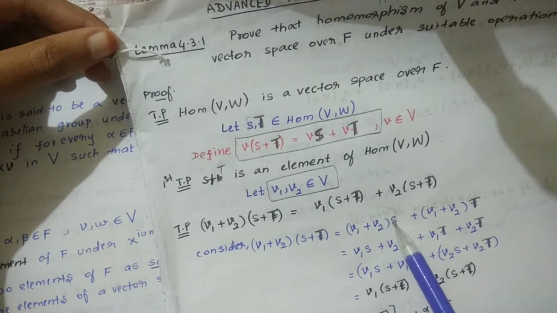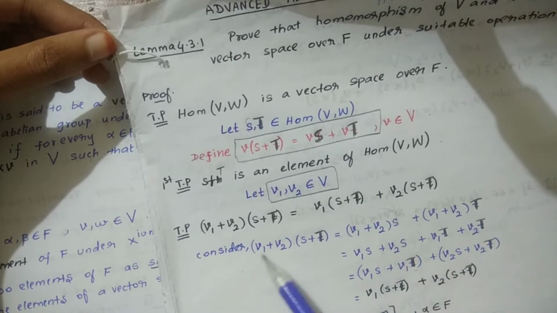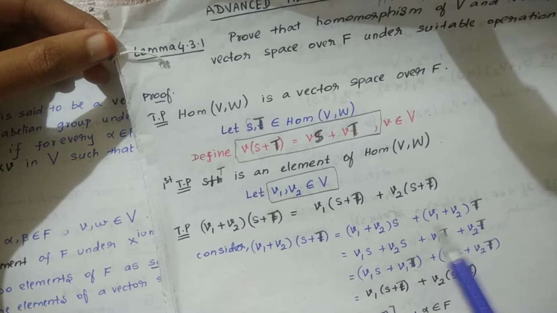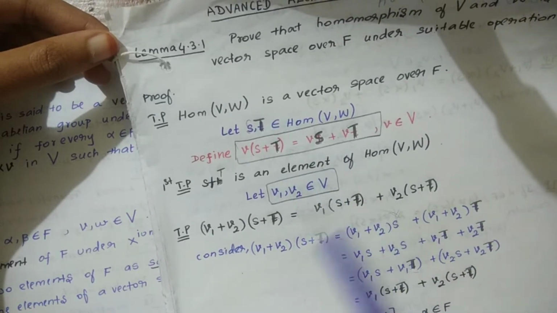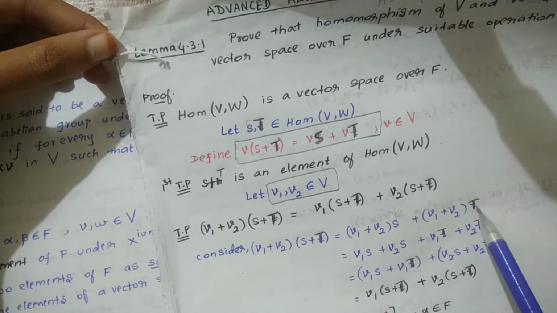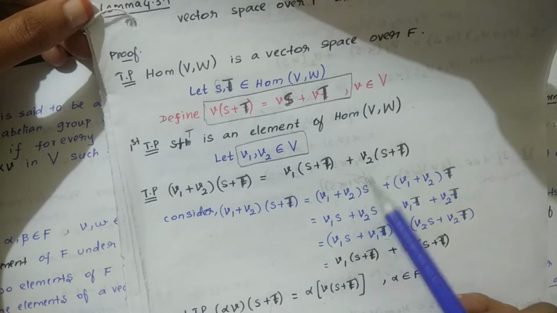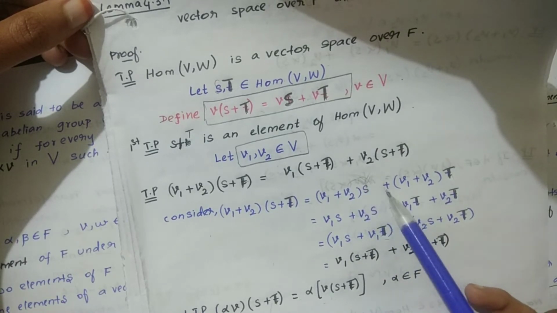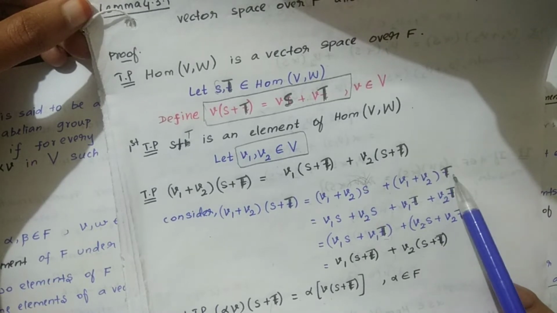Then plus, then in the place of V, again V1 plus V2, into the second element T. Then multiply this out: V1S plus V2S, then plus, then V1T plus V2T, right?